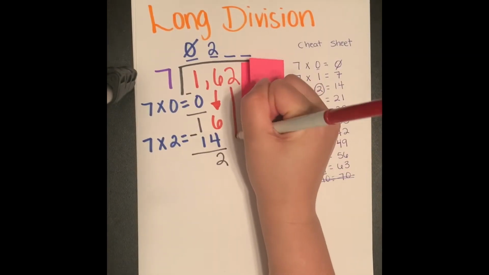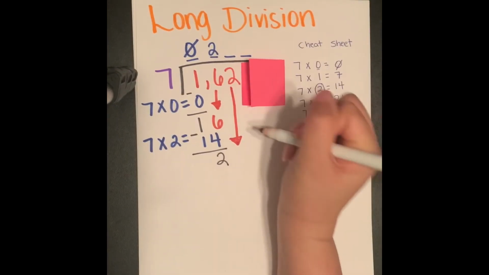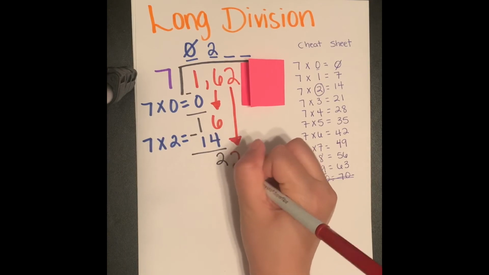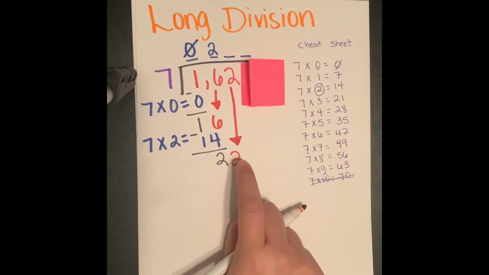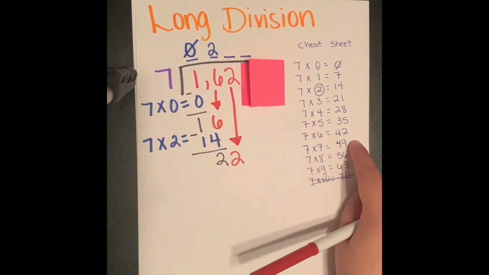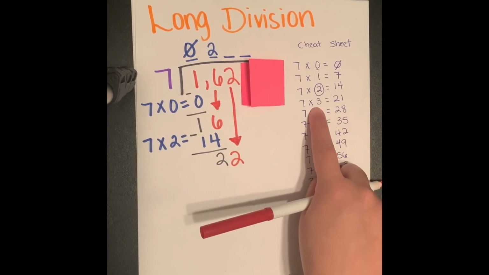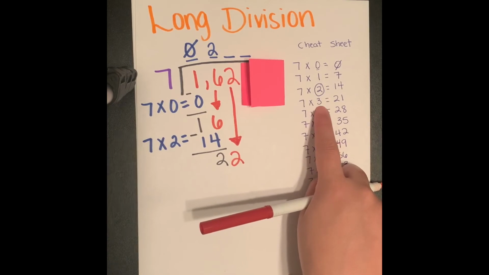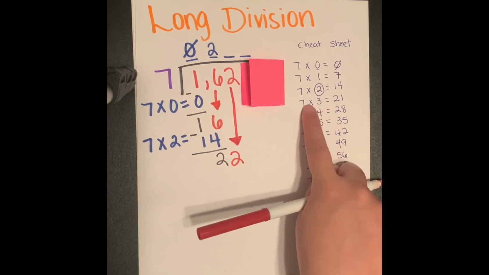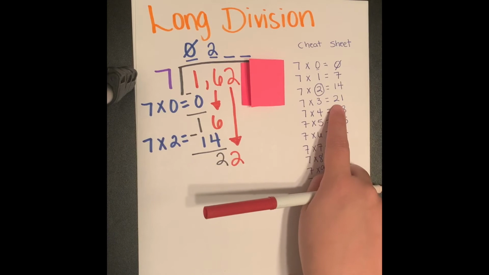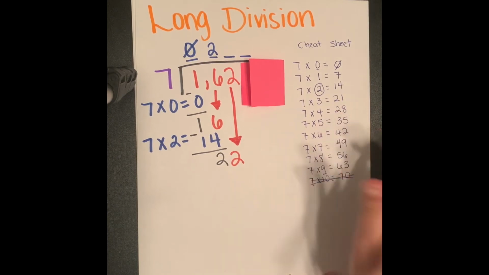I bring down the 2. Now I have $22. If I go back to my chart, I can see I can buy 3 items. 3 items at the $7 store cost $21.